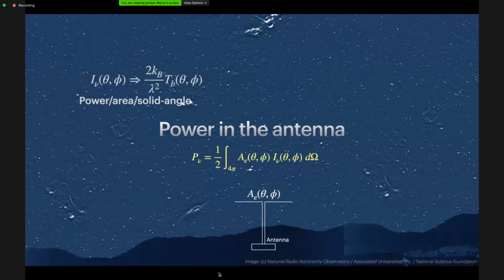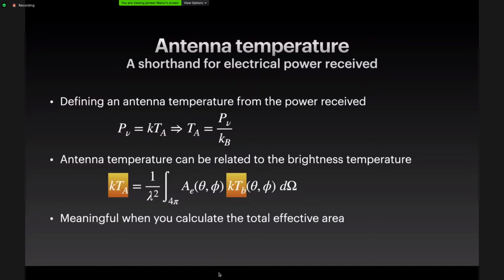Hence, in the Rayleigh-Jeans limit, the expression would be 2 kB T by lambda square. And what that allows you to do is convert the intensity distribution of the sky into a temperature distribution, and you can have an expression like this for the power that would be available at the antenna.